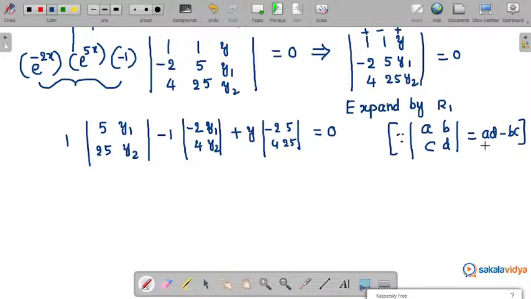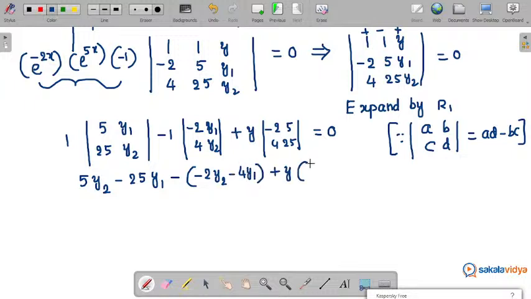With the help of this concept we can write this is 5 y2 minus 25 y1, and negative of minus 2 y2 minus 4 y1, plus y times negative 2 into 25 minus 50 and minus 4 into 5 minus 20, is equal to 0.